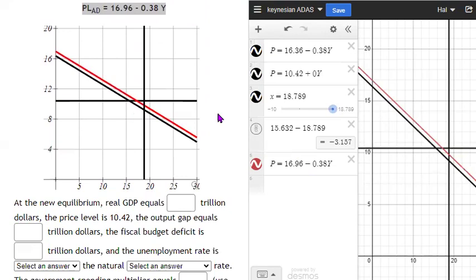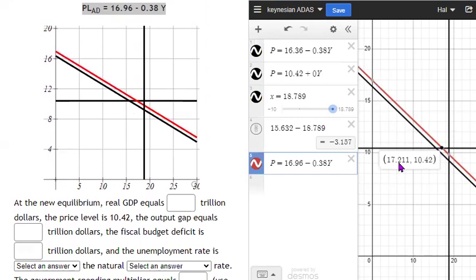At the new equilibrium, remember, short run aggregate supply is perfectly elastic in the Keynesian model because prices are sticky, right? So the new equilibrium GDP level is determined by the intersection of this new aggregate demand curve and the perfectly elastic short run aggregate supply curve.